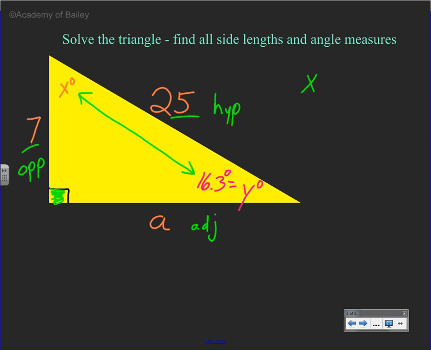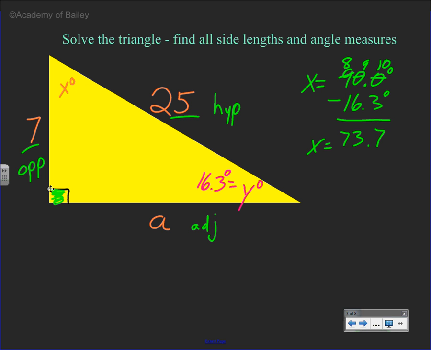Therefore, x will equal 90 minus 16.3 degrees, and x is equal to 73.7 degrees. So x is equal to 73.7 degrees. That's how you calculate the third angle.